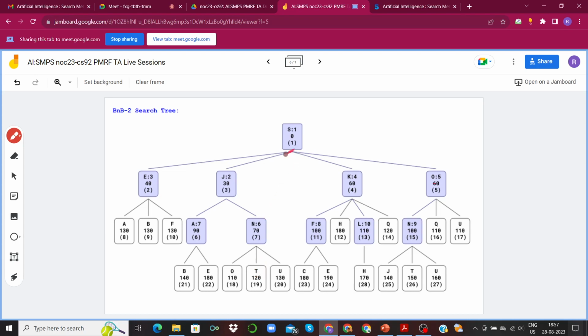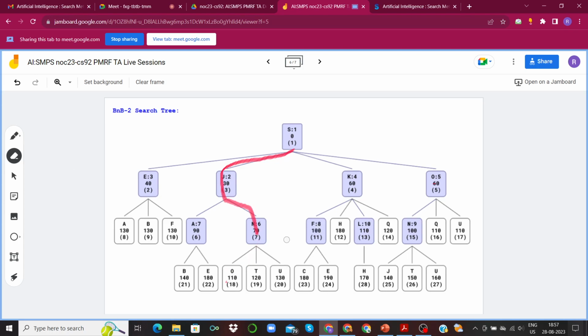So for example, if you follow this particular branch, this gives you a path from S to J to N to O. This is one particular partial solution with a total cost of 110.